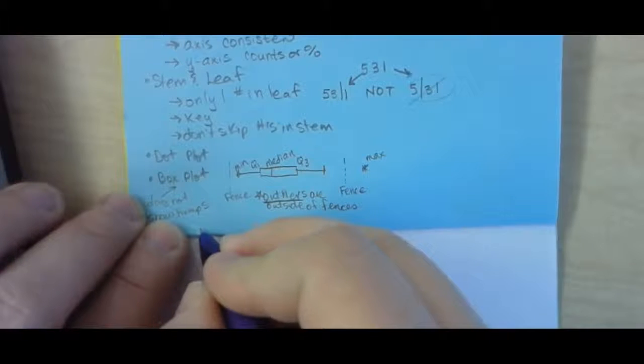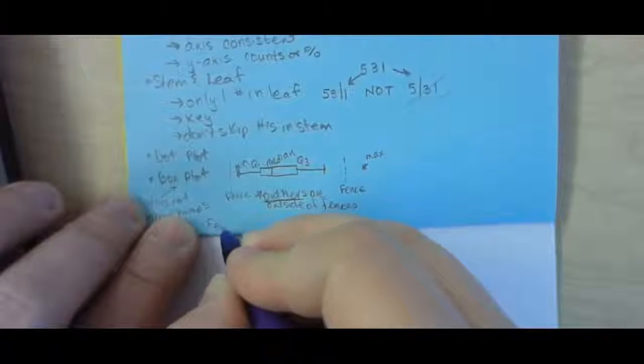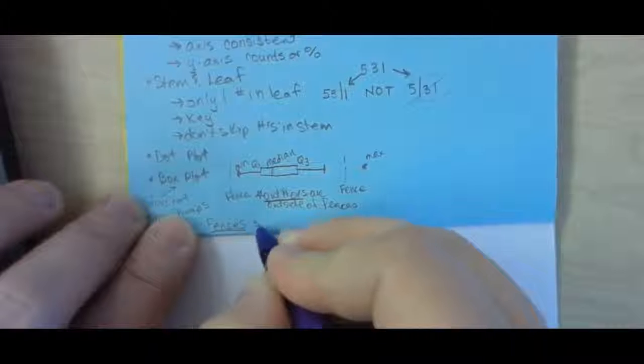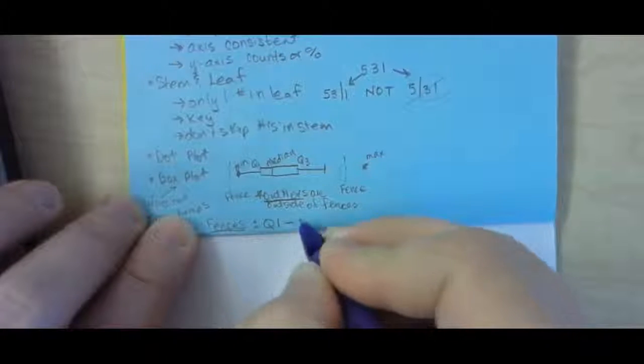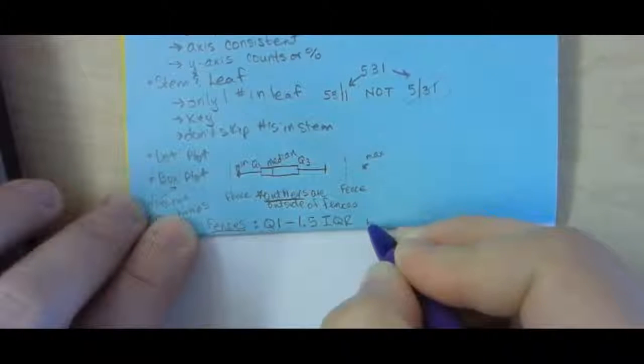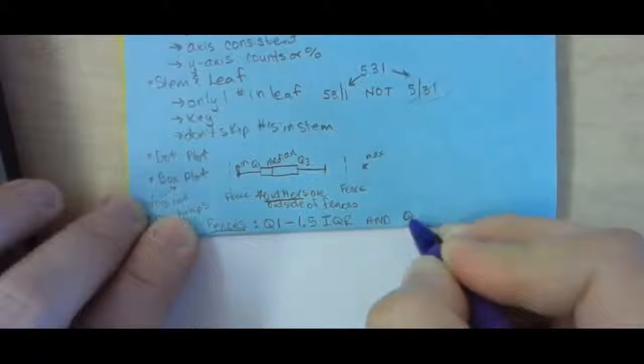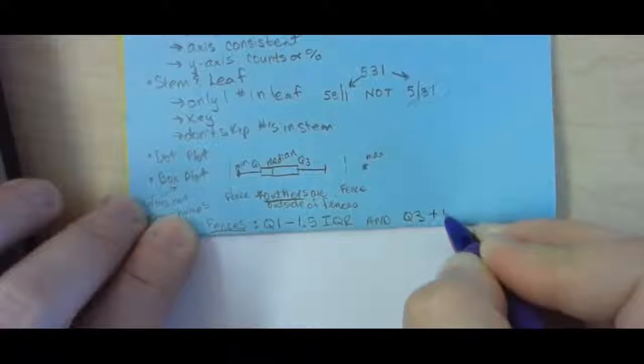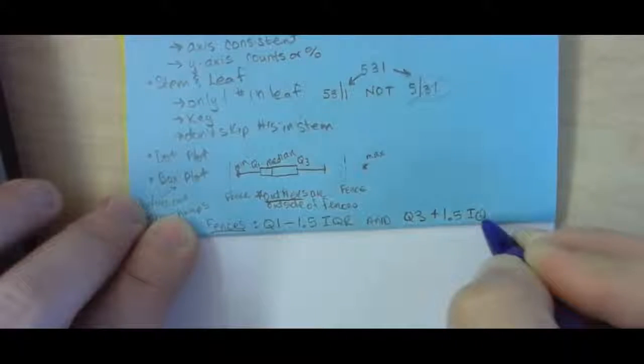And then remember to find the fences, you do quarter 1 minus 1.5 times the IQR, and you do quarter 3 plus 1.5 times the IQR. And remember, IQR is quarter 3 minus quarter 1, which we'll write in a second.